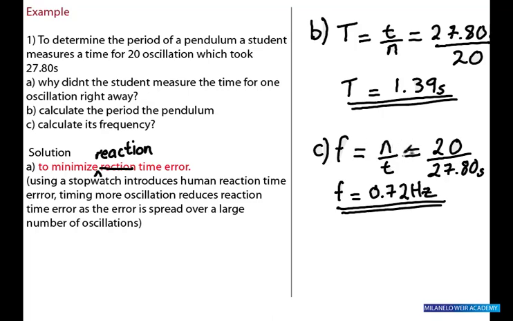Frequency is the number of oscillations divided by time. So if you have frequency, you can find period from 1 over f, or if you have period, you can determine frequency from 1 over T. You can do that and see if you get the same answers, right?